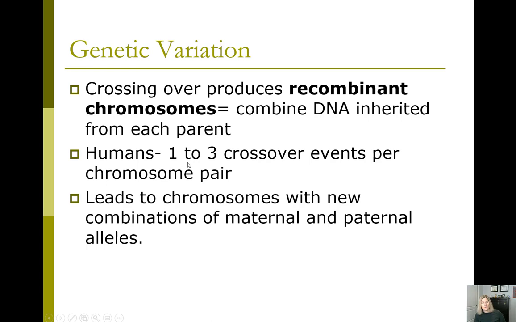In humans, we can have 1 to 3 crossing over events per chromosome pair. That's a lot because we've got 46, or 23 pairs, right? So if we have 1 to 3 crossing over events per pair, then that means that we have a lot of reshuffling occurring, lots of recombinant chromosomes taking place.